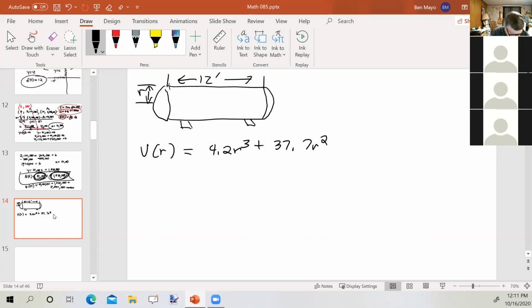What is the capacity of the tank if its radius is 4 feet?